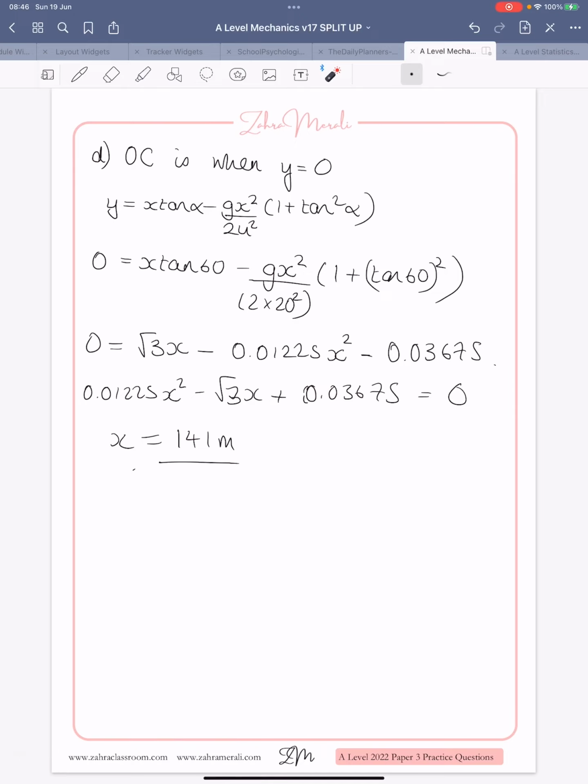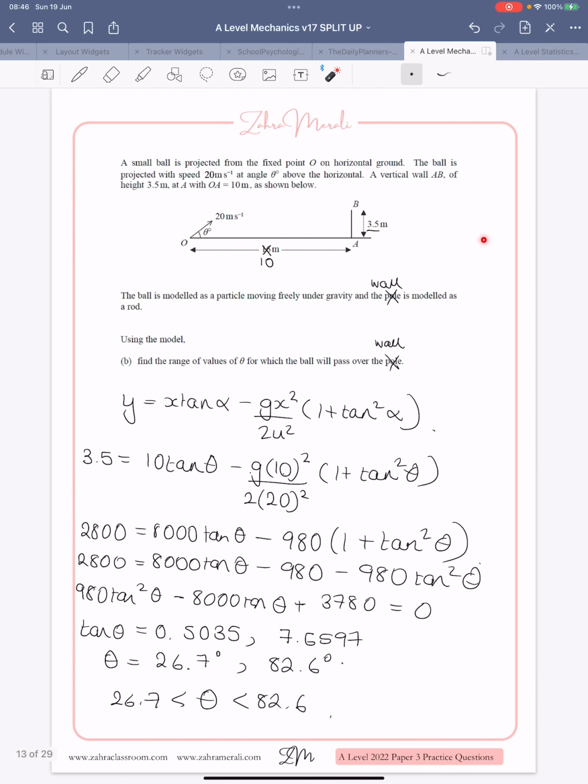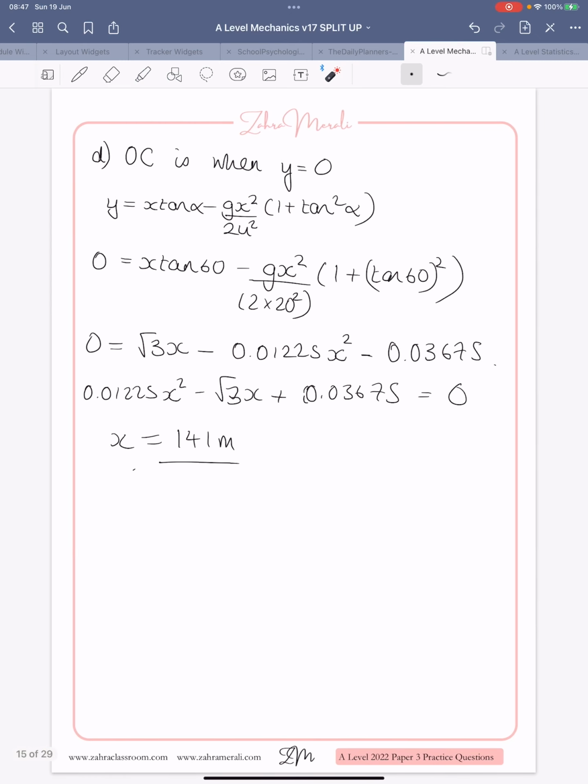Now, we're looking for the distance from O to C. So we want to know it's going to stop somewhere here, what that distance is. But we know the displacement vertically will be 0. So we can make y equal to 0, sub in 60. We get a quadratic in terms of x, which is our displacement.